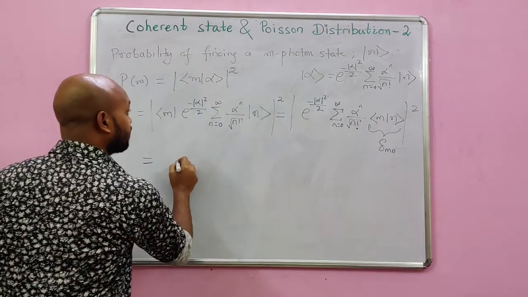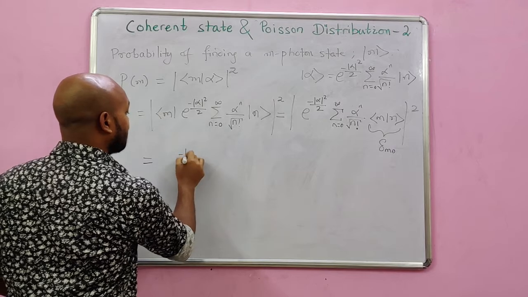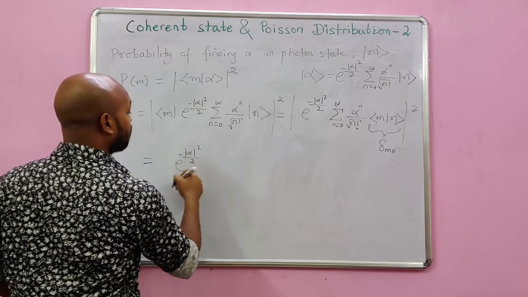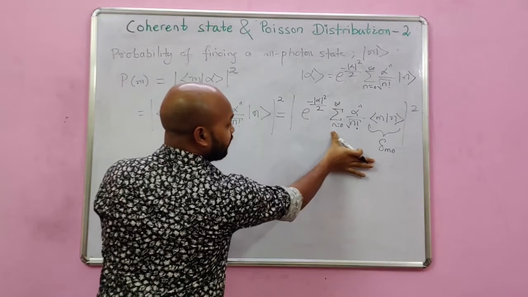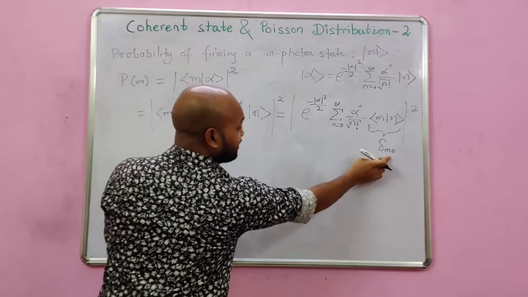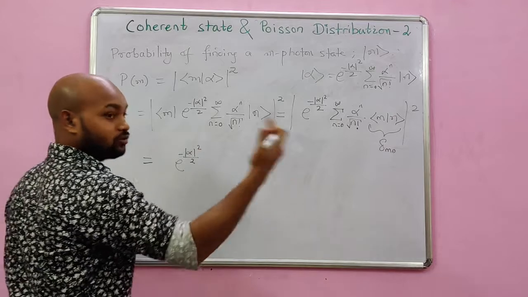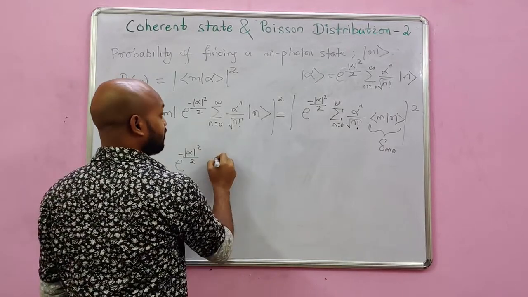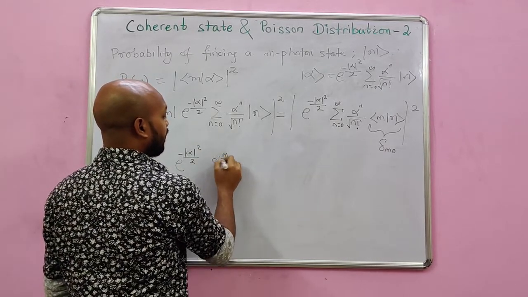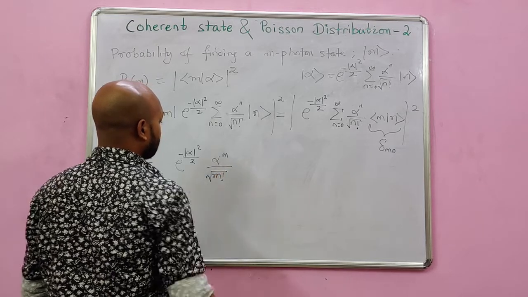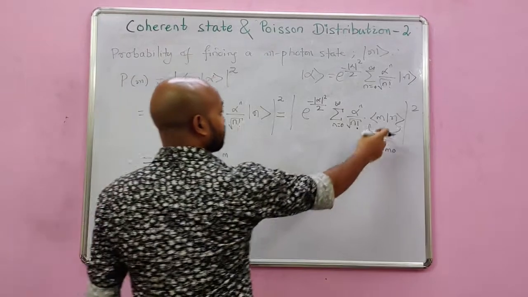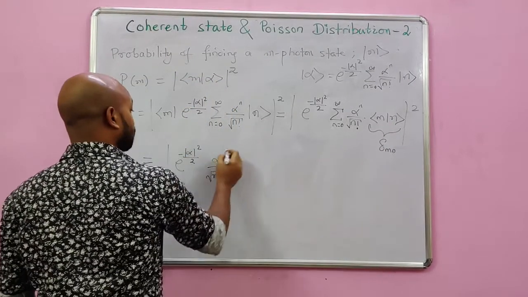So I could write e power minus alpha mod square by 2. This summation is now giving a result for a single value of n, when n equals m. So this becomes alpha power m by root m factorial, and then of course the delta becomes 1, and the mod square of this.